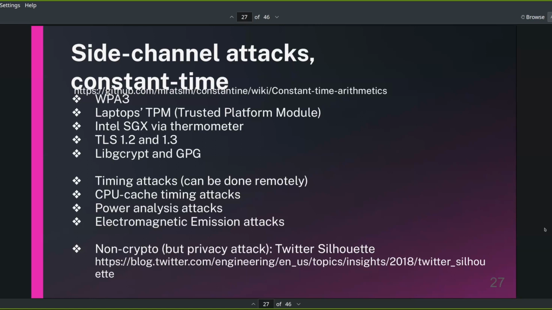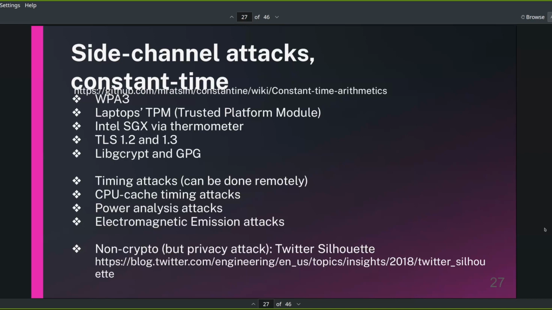And this happened for WPA3, the new Wi-Fi standard, and for trusted platform modules. Even Intel SGX, the secure enclave, was broken by a thermometer, because they had a thermometer on the CPU and you could read the variation of temperatures to read a secret key within the secure enclave.